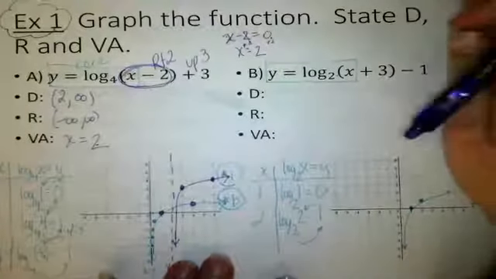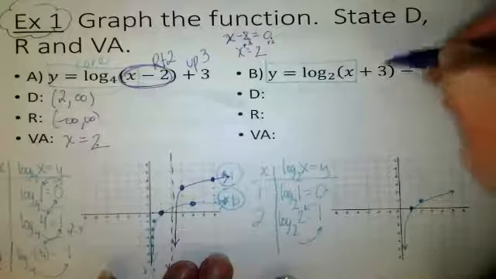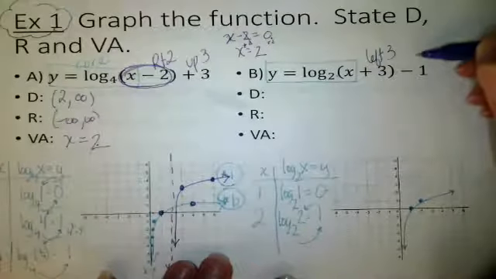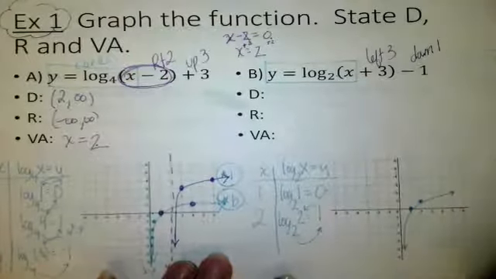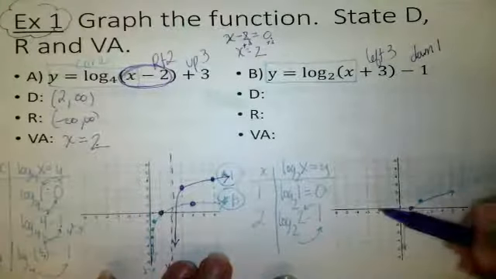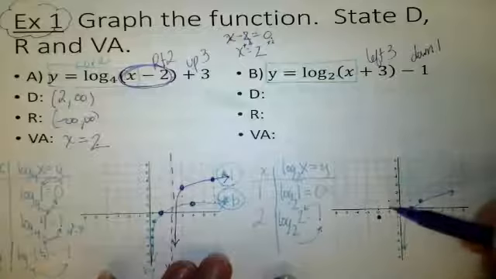How do we shift this little log ride? Left 3 and down 1. So I'm going to take these 2 points and go left 1, 2, 3 and down 1. Left 1, 2, 3, and down 1.